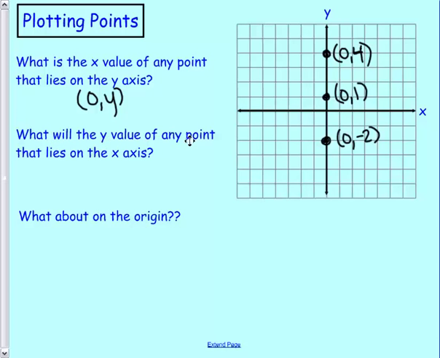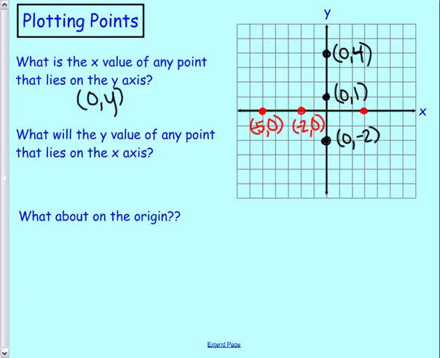What will the y value be of any point that lies on the x-axis? If we have a point here, or here, or here. Here the point is 1, 2, 3, 4, 5, 0, but it's a -5. Here it's a -2, 0.